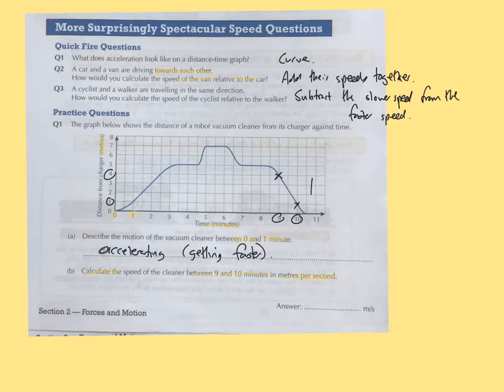So it's moved 3 metres and it's taken 1 minute, which is of course 60 seconds to do so. So to calculate the speed is distance over time. So 3 divided by 60 is 0.05 metres every second. Okay.